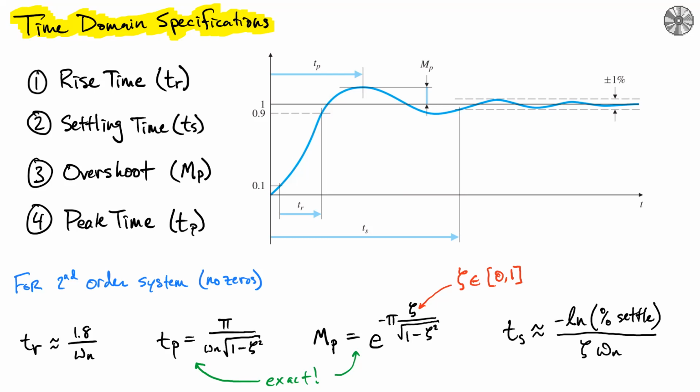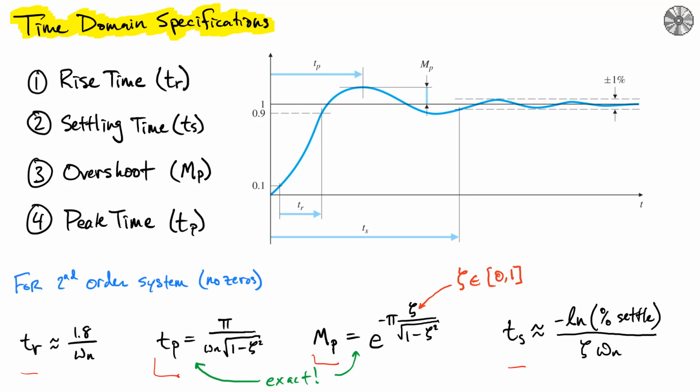So again, we have these 4 specifications: rise time, settling time, overshoot, and peak time. If we have a simple second order system, so just 2 complex poles and no zeros, we can characterize the peak time and the overshoot exactly, and the settling time and the rise time approximately.